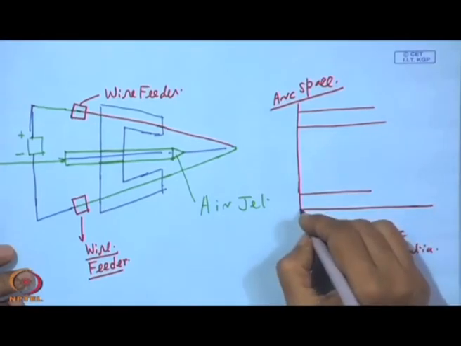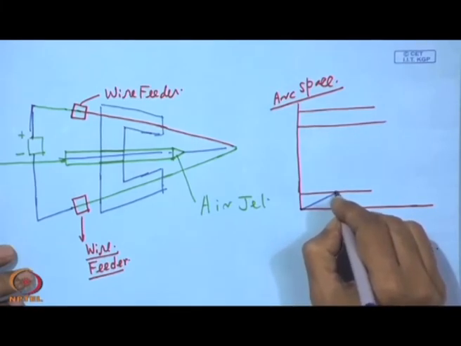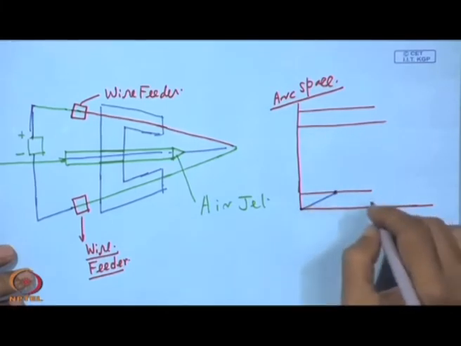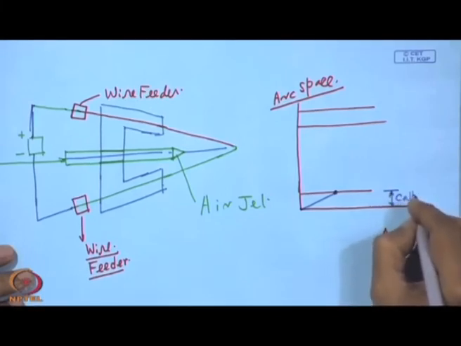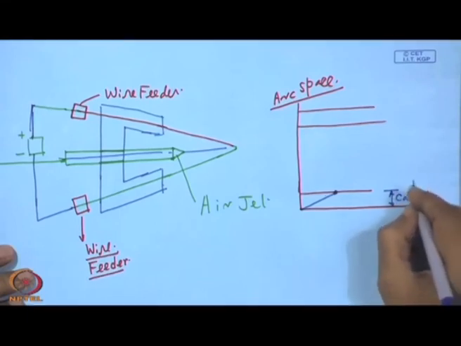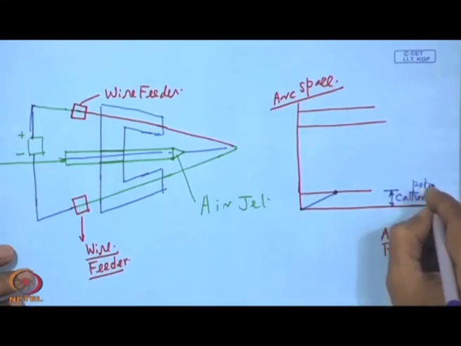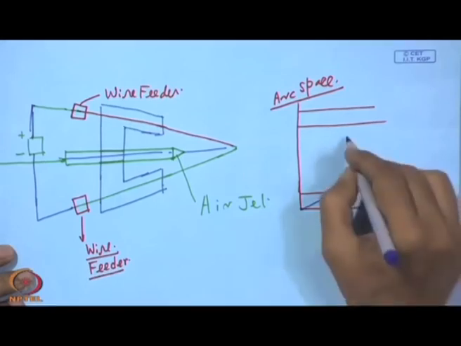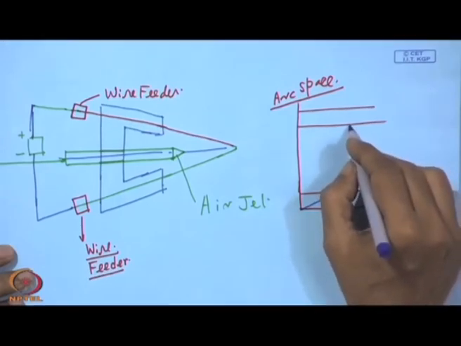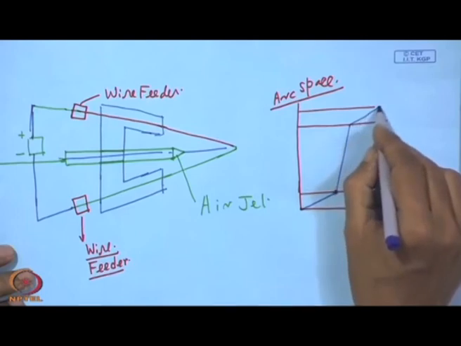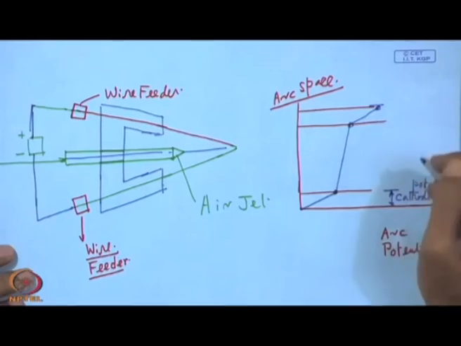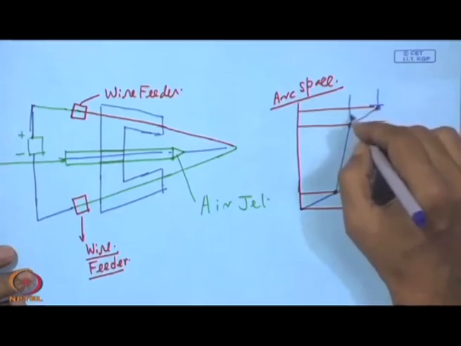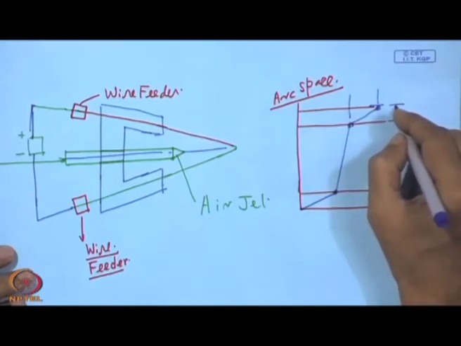So, here we have a drop in the cathode space. This is the cathode potential. Now, there we have very little drop and then there is a drop in front of the anode potential. So, this is the cathode potential and this is the anode potential.